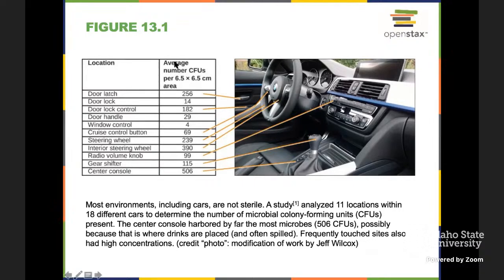So they're looking here at the average number of CFUs. That stands for colony forming units. You guys have seen colonies in the lab as you look at your petri dishes and streak for isolation, and seeing these individual colonies is really what we're trying to go for.